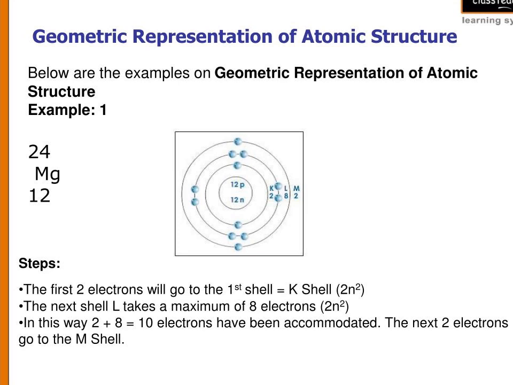Number of protons 8, number of electrons 8, number of neutrons 8. Electronic configuration: first K shell 2, and next L shell only 6 electrons are there. Okay children, have you understood? Two examples given.